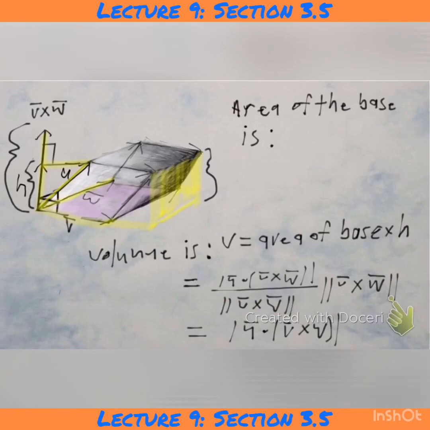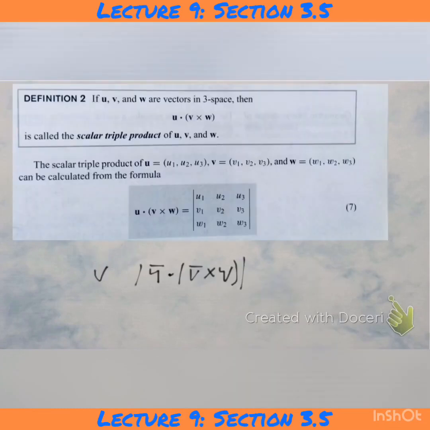Now, guys, this is the scalar triple product. So we talked about the scalar triple product a short while ago. Recall that the scalar triple product is the determinant of that matrix with the entries we talked about, u, v, and w.